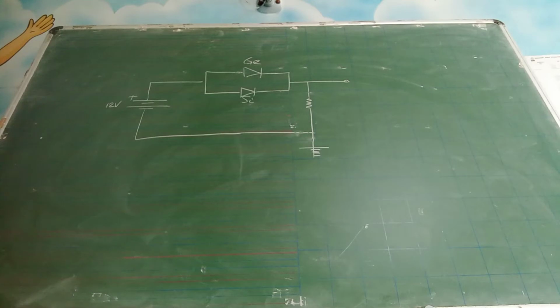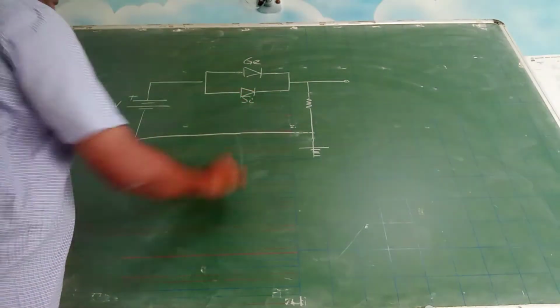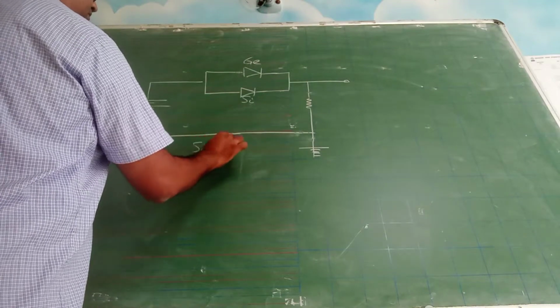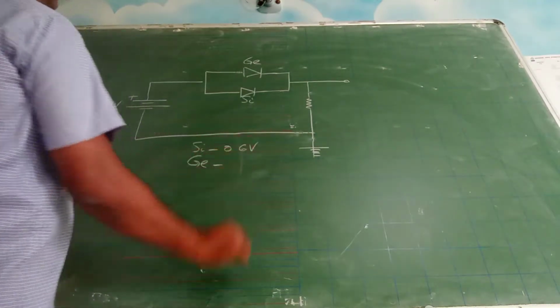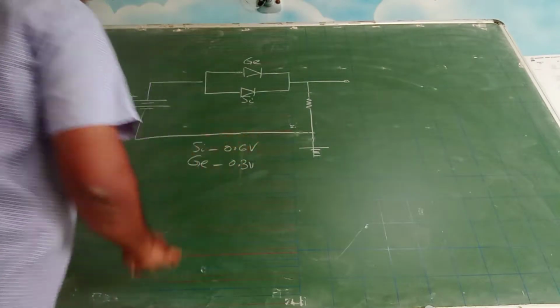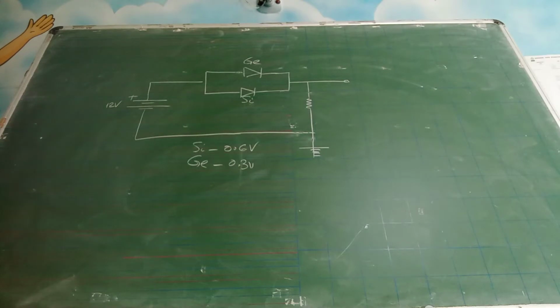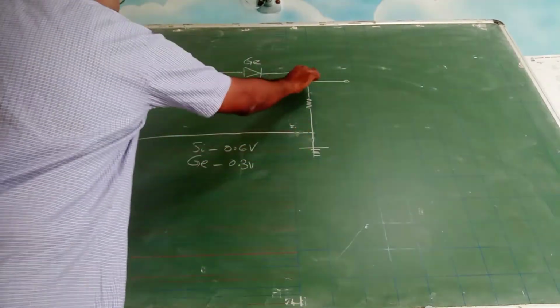They give you the potential barrier for silicon as 0.6 volts, and for germanium the potential barrier is 0.3 volts. You have to tell what is the potential drop from this point to this point.